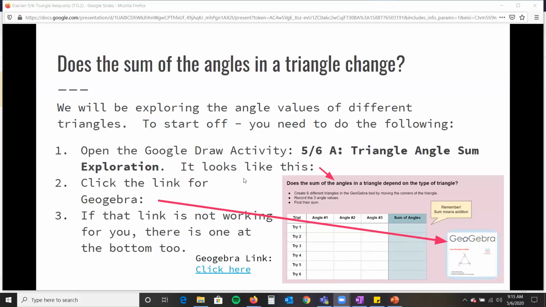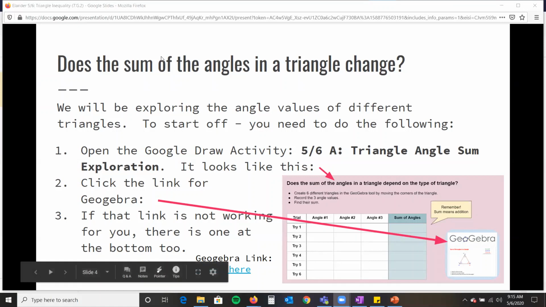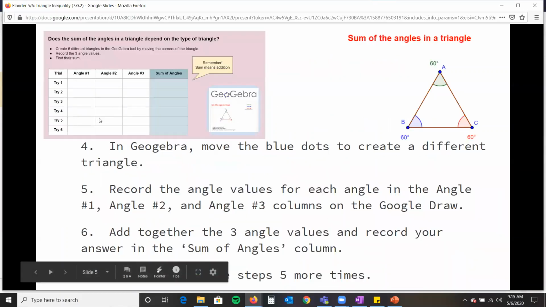All right. Hopefully once you have that file open, I want you to click on this link for Geogebra.